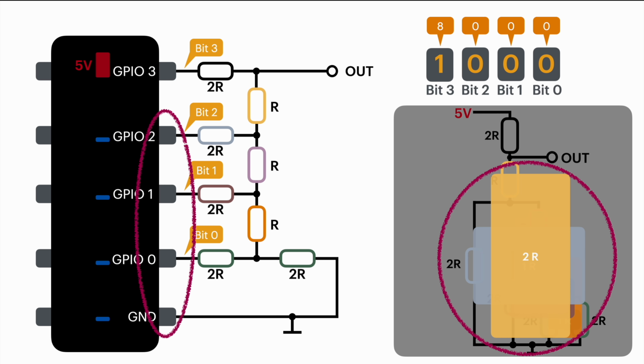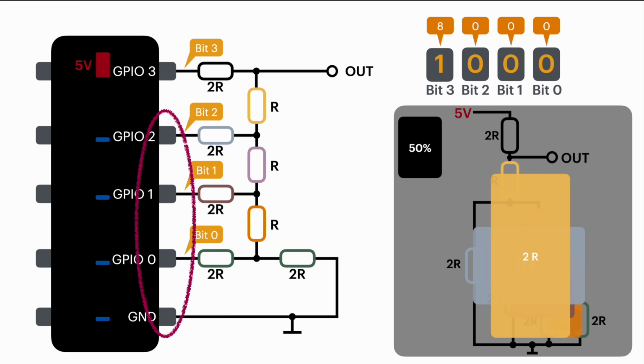So now we arrived at the final voltage divider of the black 2R one and the yellow part, or let's say all the below part, with 2R as well. So looking at this 2R to 2R, we obviously have a 50-50 split. So we have a 50-50 voltage divider, which will lead to 2.5 volts at the output.